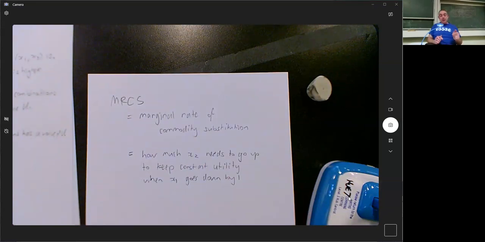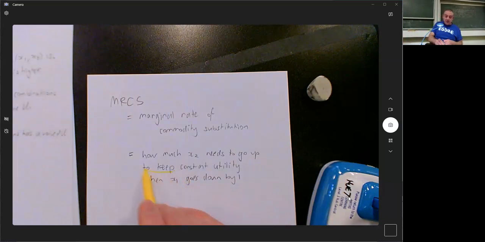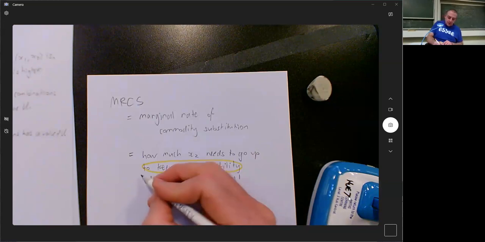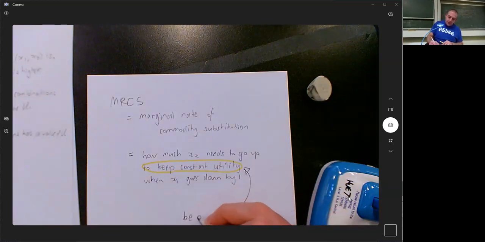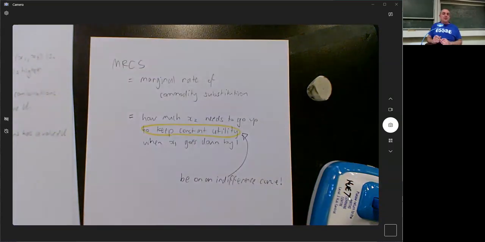So the really important thing I've noticed in this sentence is that it says to keep constant utility, and having constant utility is the same as being on an indifference curve. So that means you have to be on an indifference curve to do that.